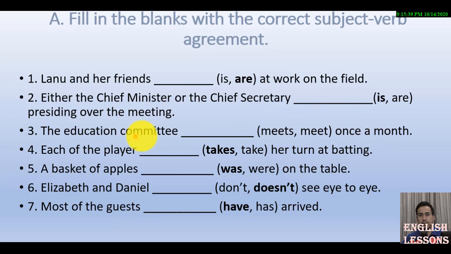Why? Because committee is already a group, and it comes under plural noun. So British writers will go with meet. For example, Barcelona are a big club. That's what British writers will say. American writers will write Barcelona is a big club.